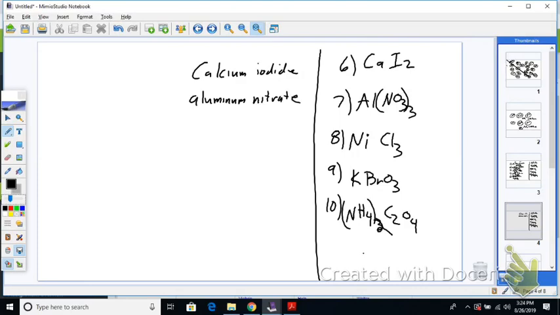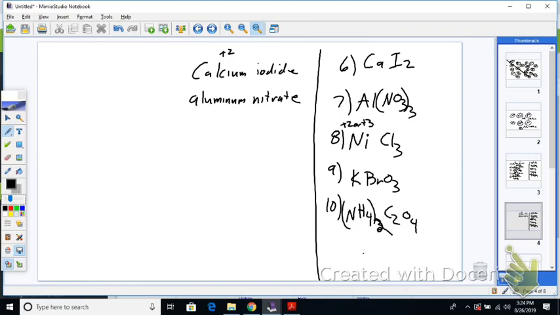The third one, nickel, we looked that up, and it can be a 2 or a 3. So if you look above the metal, now calcium we didn't have to do that for because it only had a +2 above it. So I didn't have to say it's calcium 2 because we don't have to differentiate it from anything else. This nickel we have to differentiate between.